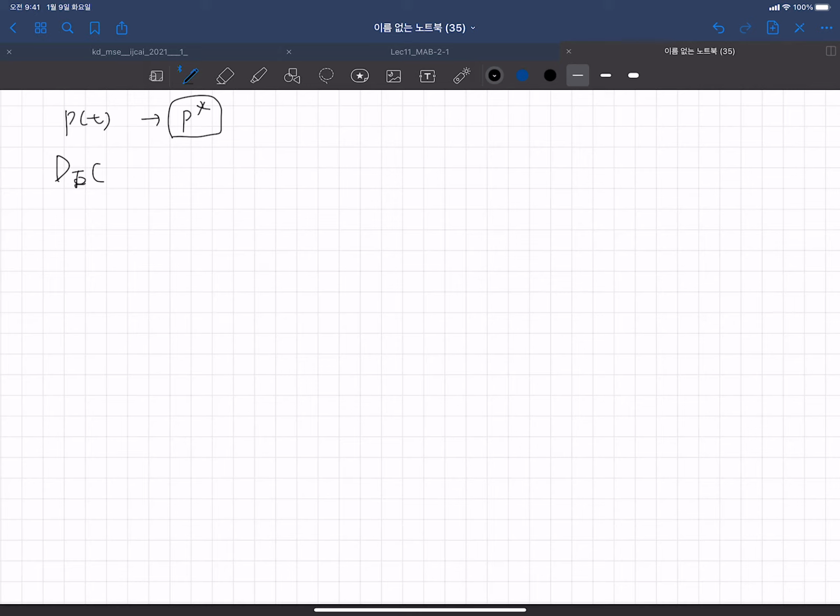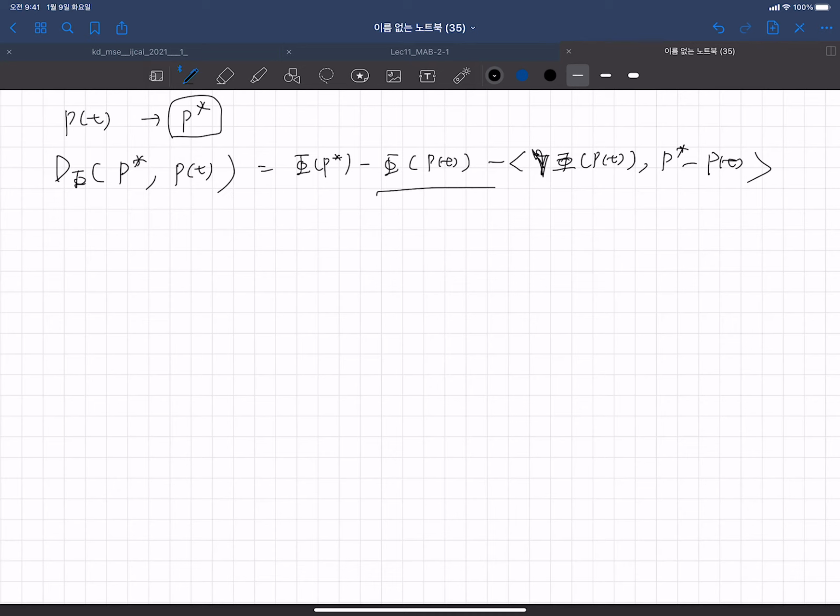So the distance between P star and PT, from the definition, this is pi P star minus pi PT minus the inner product of the gradient of pi at PT and P star minus PT.